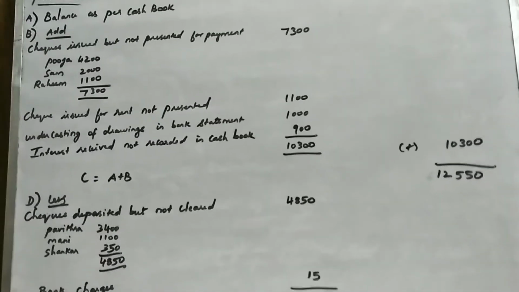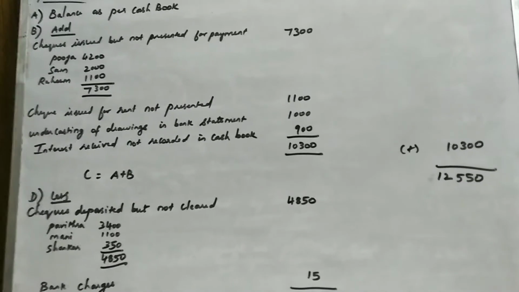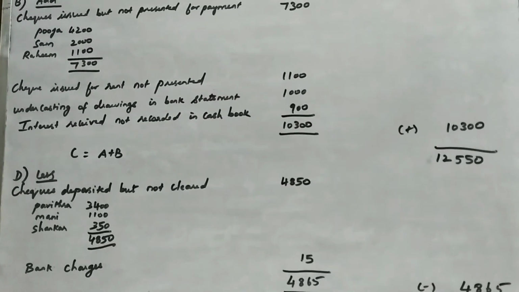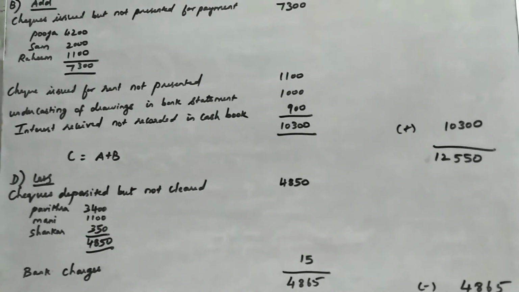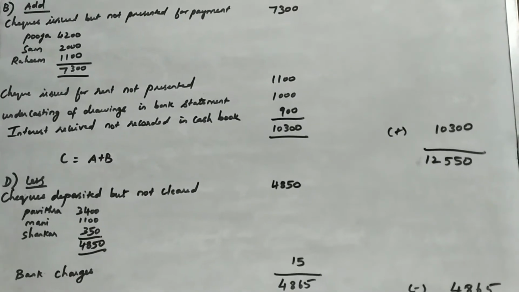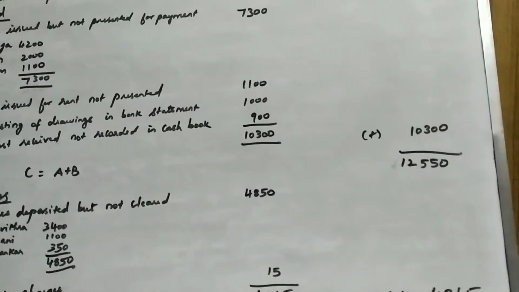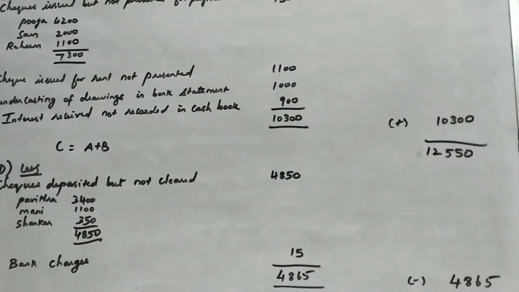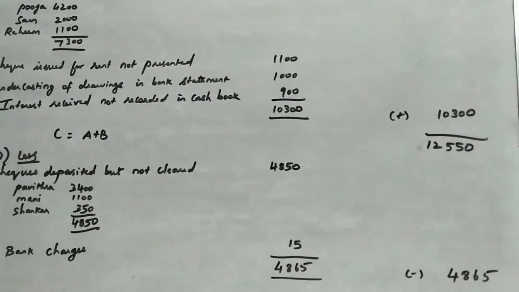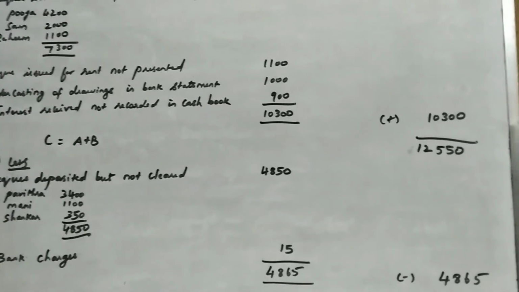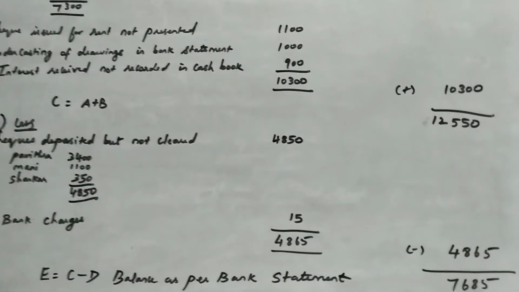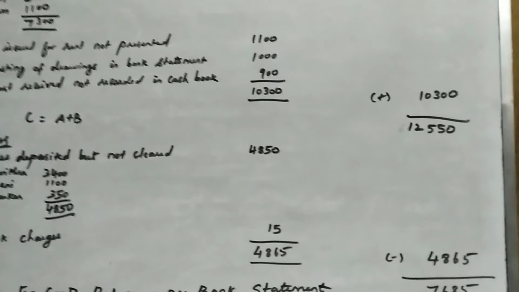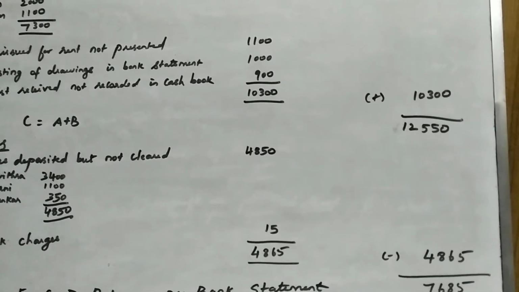Now D. Items which are to be deducted will fall under the category D. So again, we made the comparison between the cash book and the bank statement, right? The credit side of our cash book with the debit side we have already seen. Similarly, we are going to see the debit side of our cash book with the credit side of our bank statement.